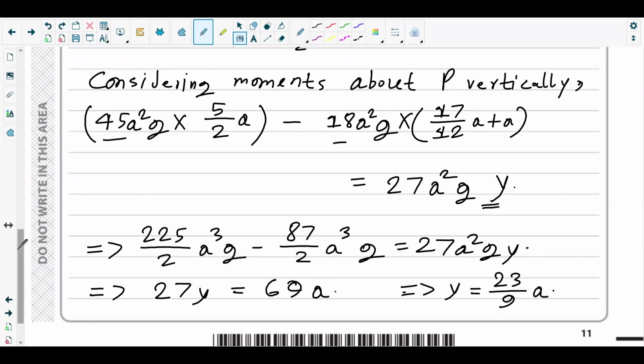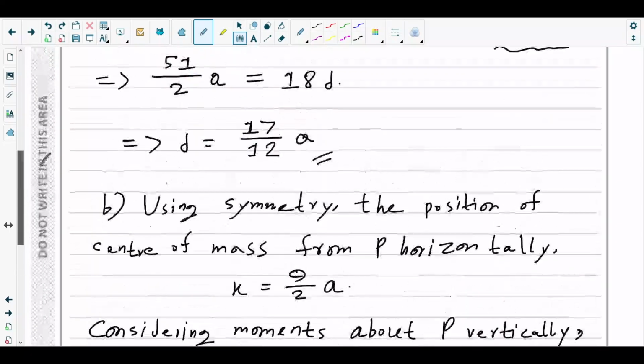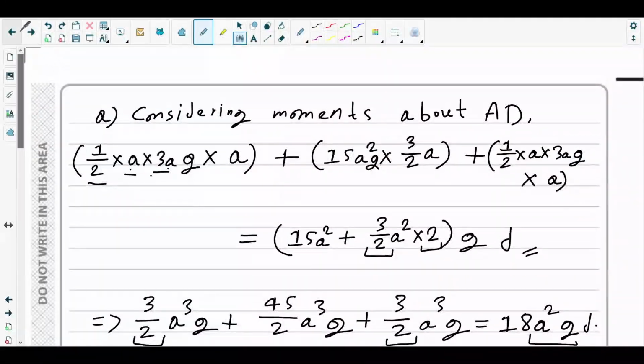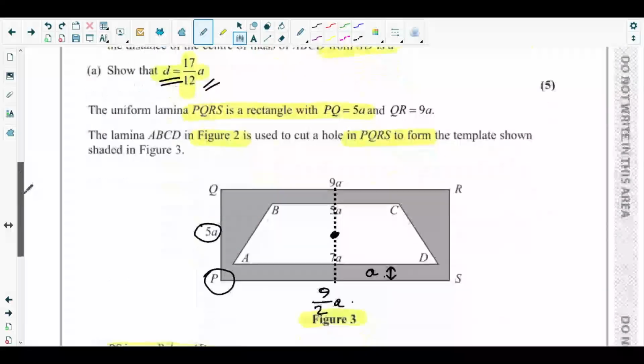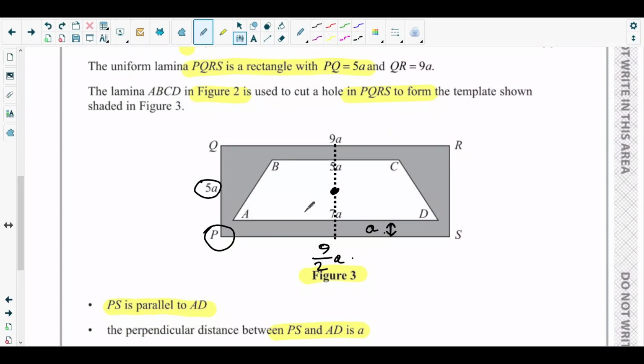So we got that the perpendicular distance of the center of mass of the template from the point P is 23/9 a perpendicularly, and horizontally it is 9/2 a.